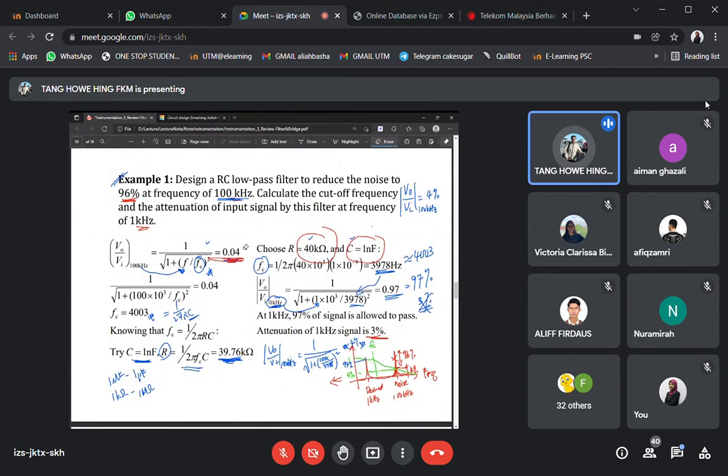Instead of a low pass filter, now I want it to be a high pass filter. So what I need to do is just do the design. What is the difference between the low pass filter and the high pass filter design? I'll just illustrate over here so that you have a better idea how to design it.